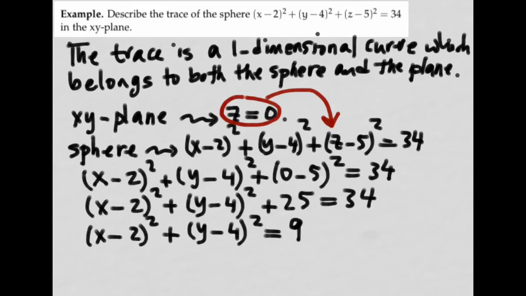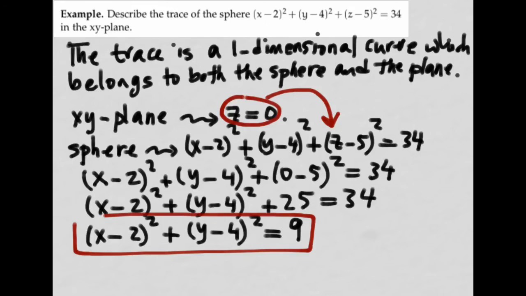So we have two equations that determine the trace. First, the equation z equals 0, and the second equation is x minus 2 squared plus y minus 4 squared equals 9. Okay? Let's rewrite that.